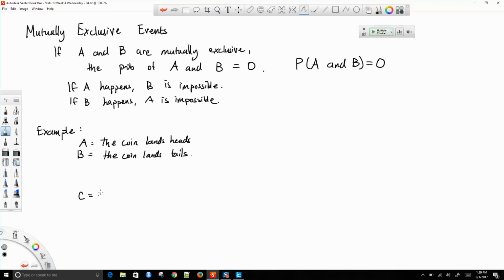Another set of events, we could say C is a randomly selected card is a heart. And D could be a randomly selected card is a spade.